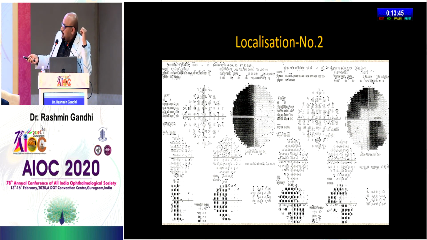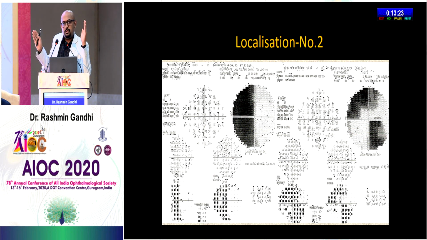What do you think is happening here on the right side? This is again a temporal side, this is a nasal side. So let's for a moment ignore this. If you ignore this, what you have is a temporal visual field defect here and a temporal visual field defect here. So sort of incomplete bitemporal hemianopia.